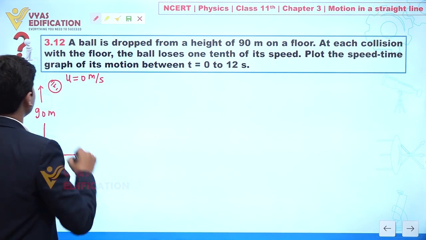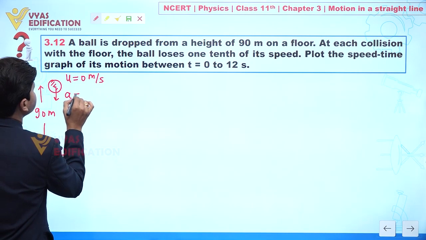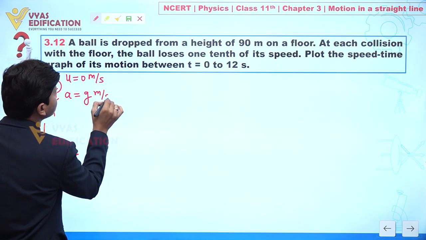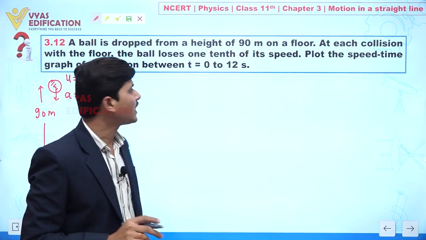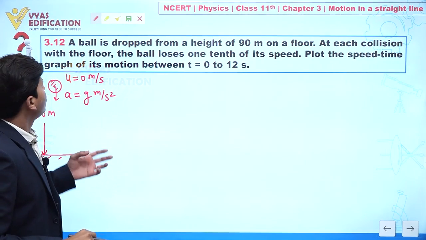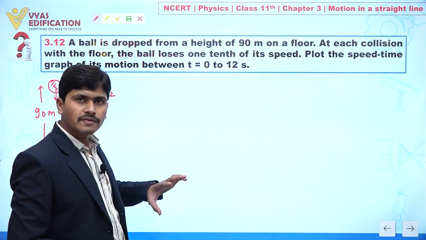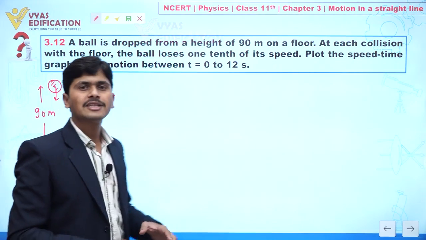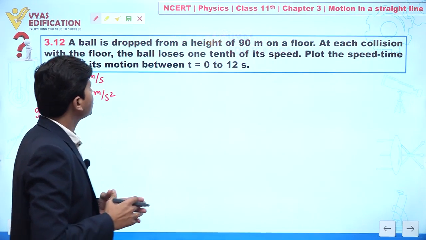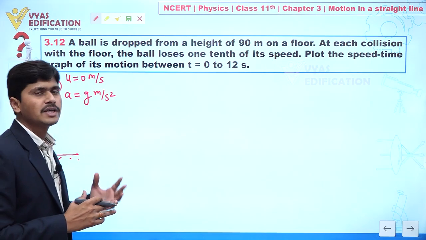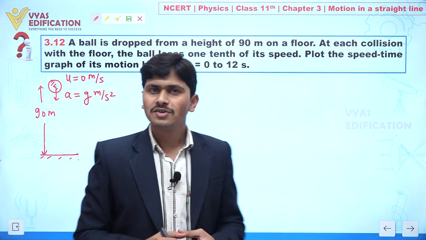So the acceleration acting on this body is g meter per second square in the vertically downward direction. Now after striking or after collision with the ground, this ball loses 1/10 of its speed. Fine. Plot the speed-time graph of its motion between t equal to 0 to t equal to 12 seconds.